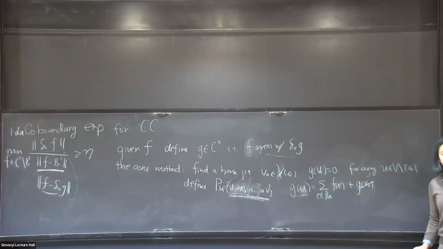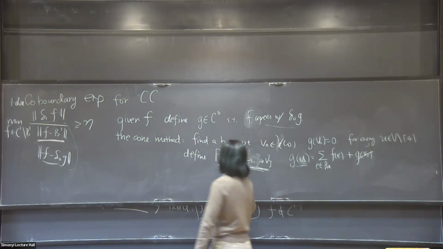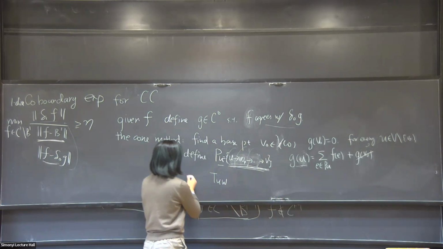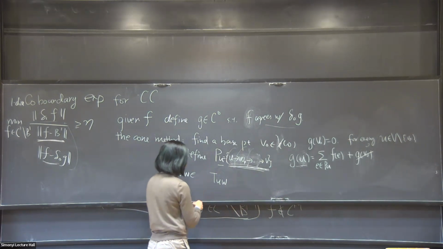This choice of path is clever or arbitrary? It's clever. Yeah. The Coe method for dimension 1, besides defining P, we also define a set of triangles T_UW for every UW that is an edge.